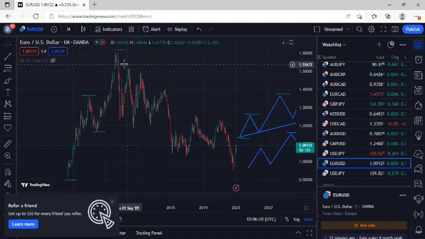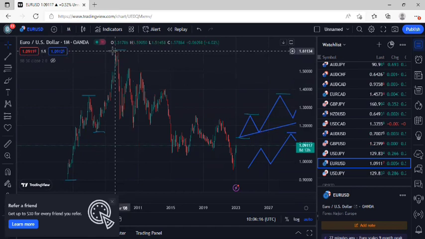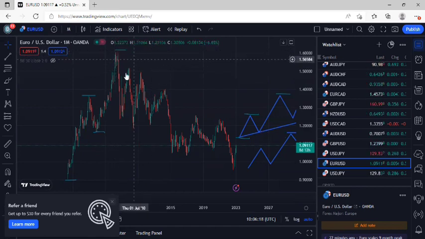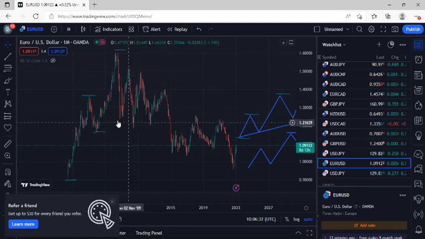So at this point we have a potential reversal. But we can't say we have a reversal until this structure down here is broken. Until this structure down here is broken, that is when we can say we have a reversal.